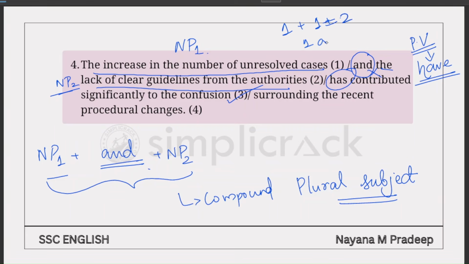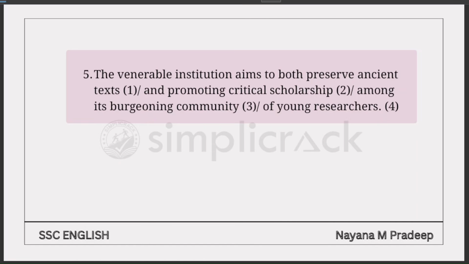Or you can say 1 and 1 equals 2. One is singular, but when they are joined together by and, you have a plural number. Similarly, no matter whether the subjects are singular, when they are joined together by and, it becomes a compound plural subject, and therefore you have to use the plural verb along with it. Now the fifth question.